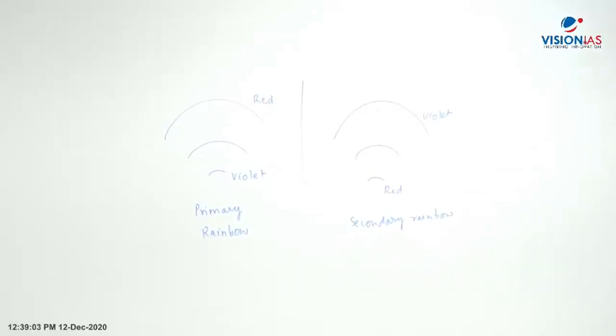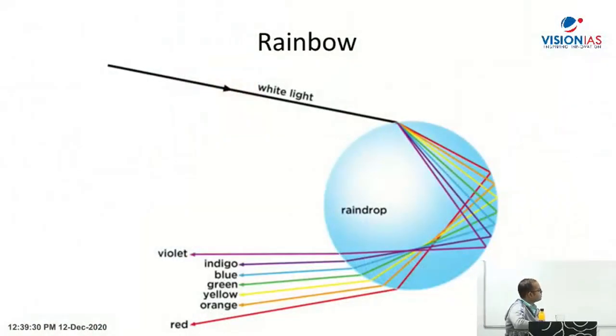We may find a secondary rainbow in nature where the outer circle is violet and the inner circle is red.